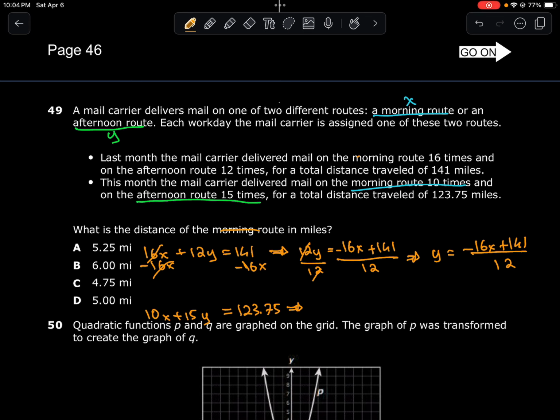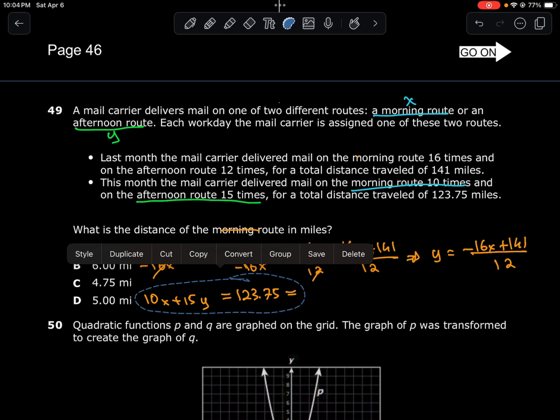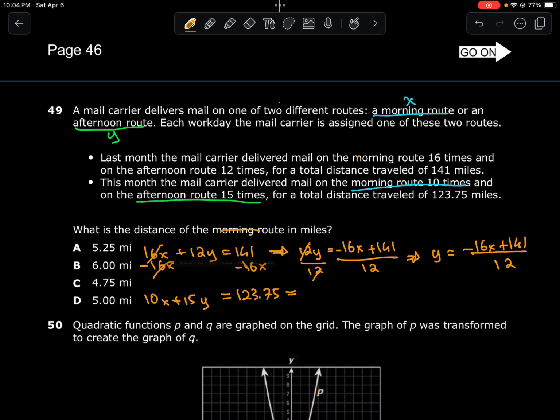Properties of the... it's too low, let's move it a bit. I get negative 10x on both sides, and that's going to give me 15y equals negative 10x plus 123.75.